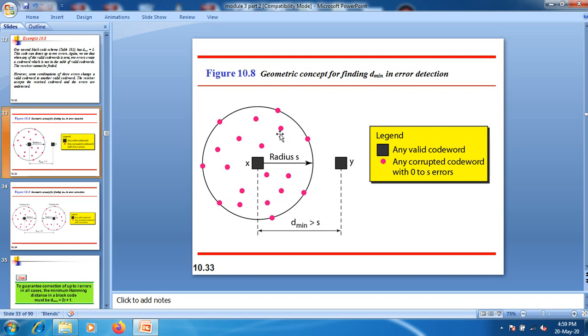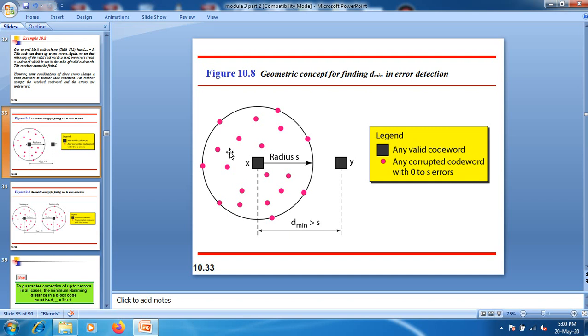Suppose a 3-bit error occurs. In that case, the 000 becomes corrupt, that is a 3-bit error occurs, and it becomes 111 here. In that case it becomes another valid code word, so we may not be able to detect this particular error.